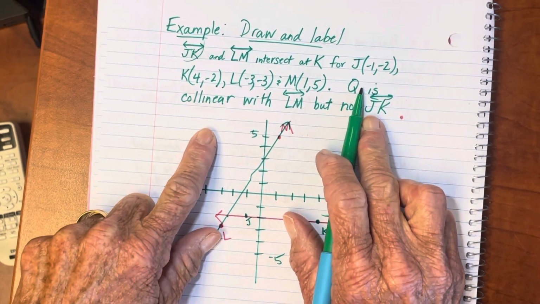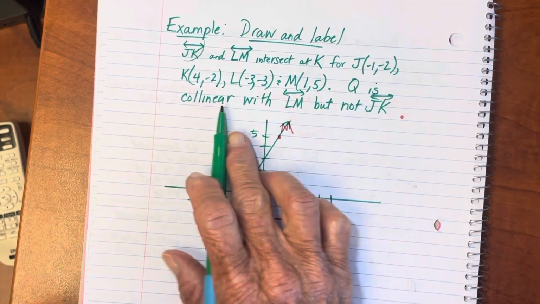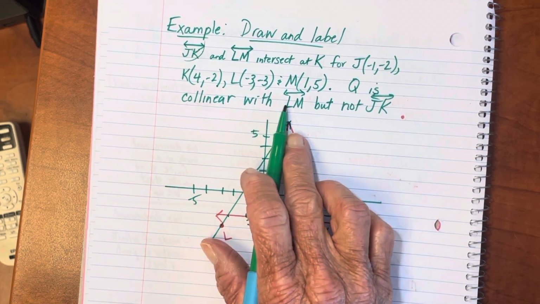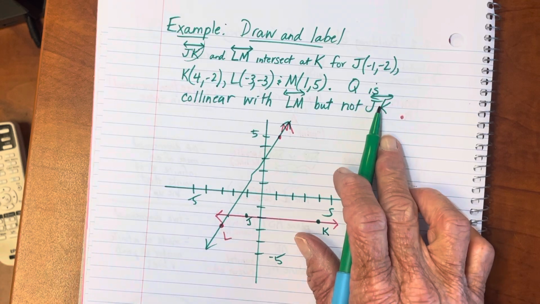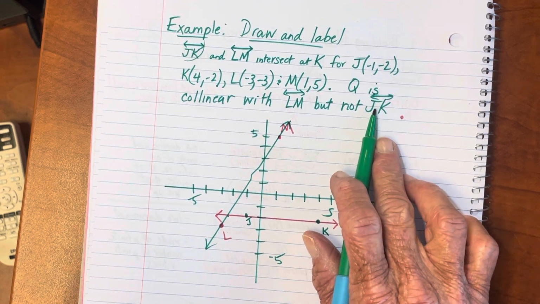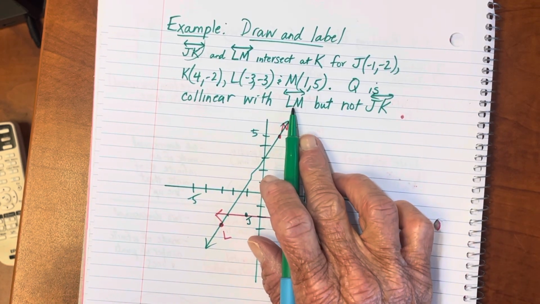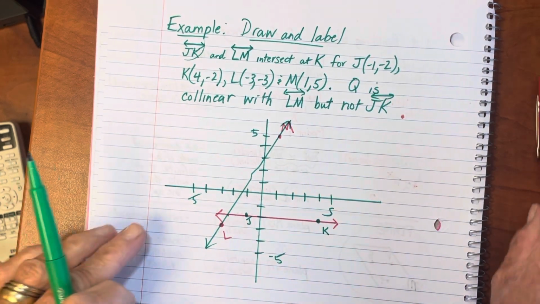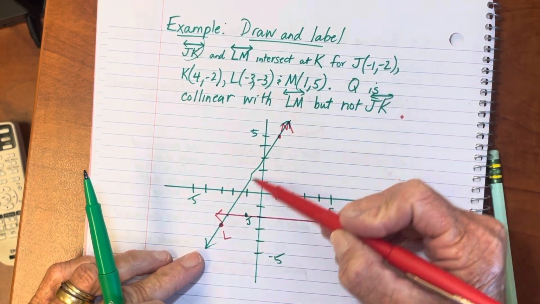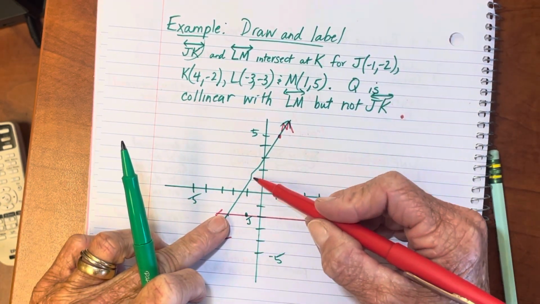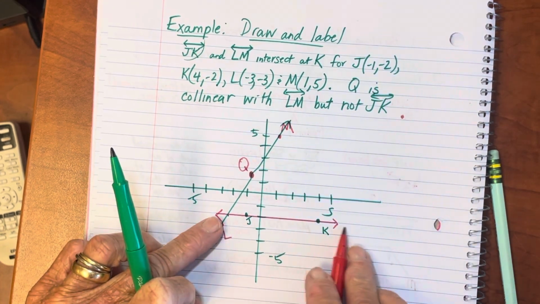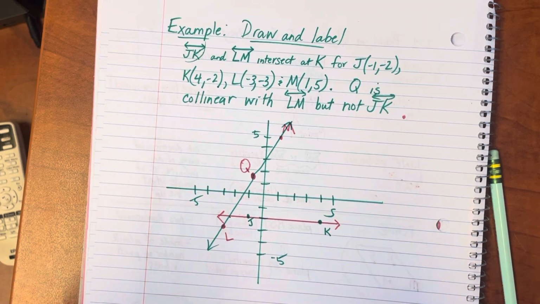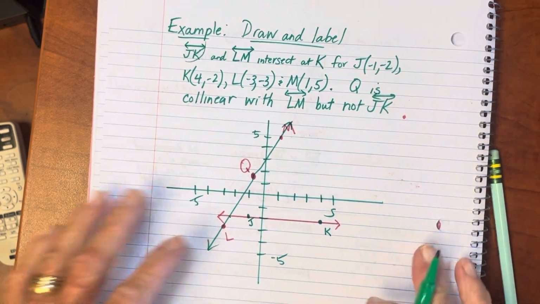We don't know the exact location of Q, but we know that it is collinear with line LM, but not JK. So it doesn't lie on the same line as points J and K, only the line that contains L and M. So LM is this line. I don't know where I'm going to put Q, but I'm definitely going to put Q so that it's not on the line that contains J and K.